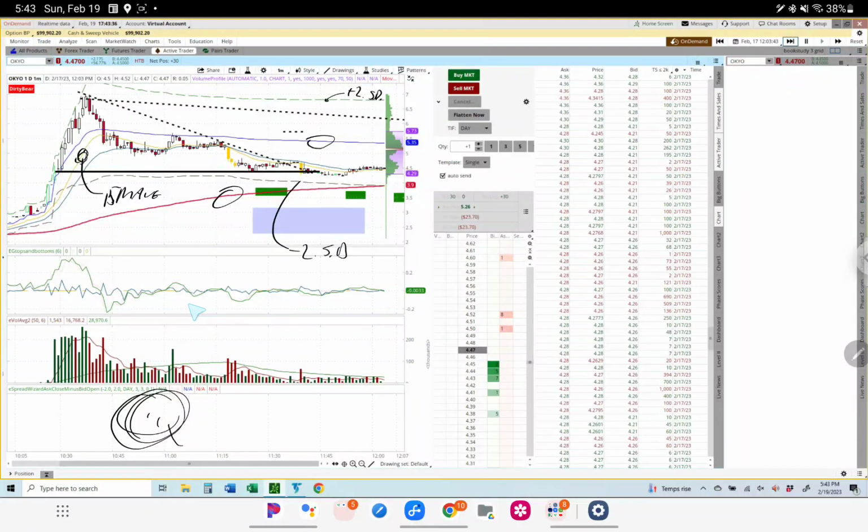So I figured, instead of using this one so much, I'll just use the 15 moving average. And today when I was looking at it, I know that I want to get into stocks that are moving above the 15 moving average, that are moving above the volume weighted average price, or at least the volume weighted average price is high.